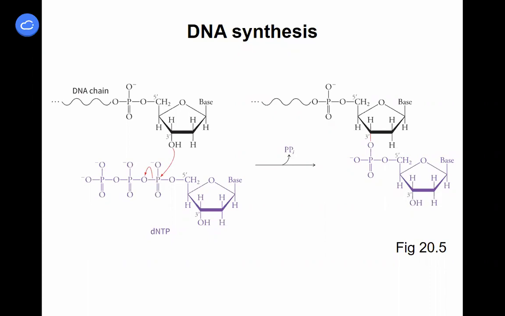Here's the free OH on the 3', and the enzyme will catalyze this reaction where the OH attacks the alpha phosphate here, and you'll lose pyrophosphate to create a new phosphodiester bond, and then you've got a new 3' end, which can then undergo the same reaction again, and so on and so on. So when we say synthesis is 5' to 3', we are talking about synthesis of a new strand. The bases are added to the 3' end. Okay, that's what we mean.